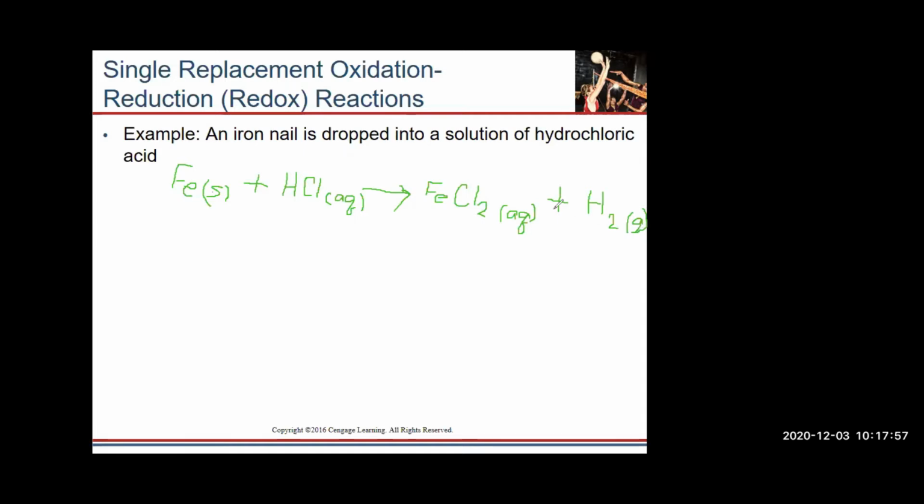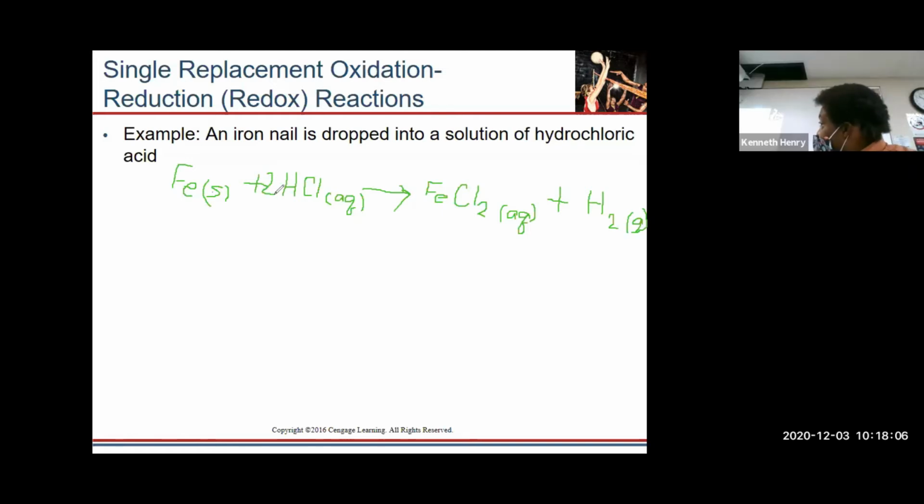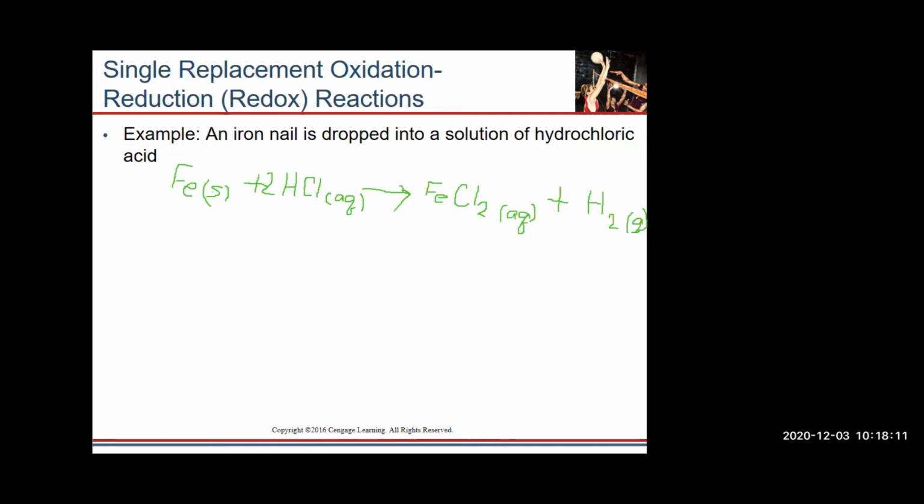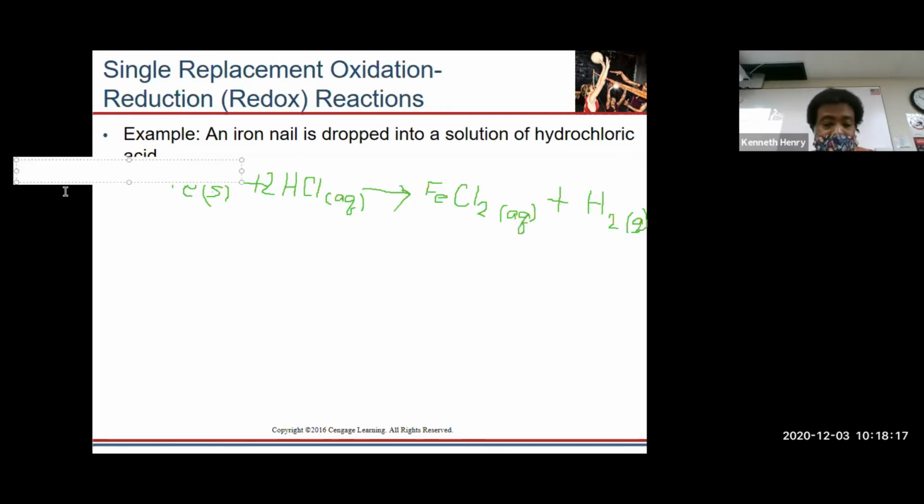Put a 2 in front of the HCl on the reactant side. Okay, so we're good now? Yes. So we know that this is the conventional equation, right? Yes. That's my abbreviation for equation.